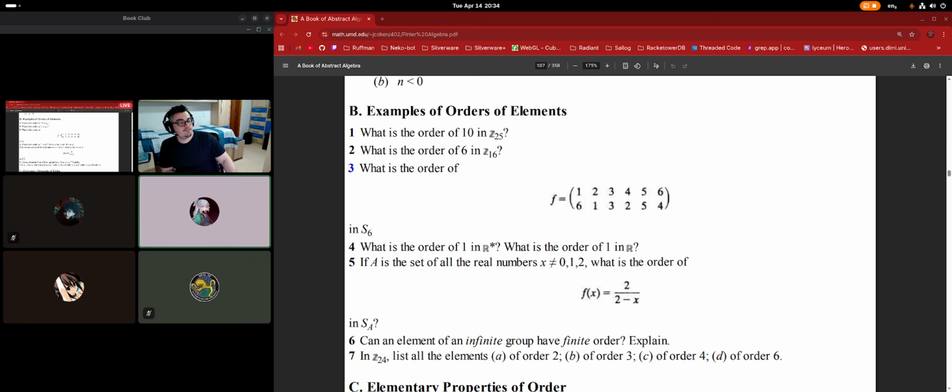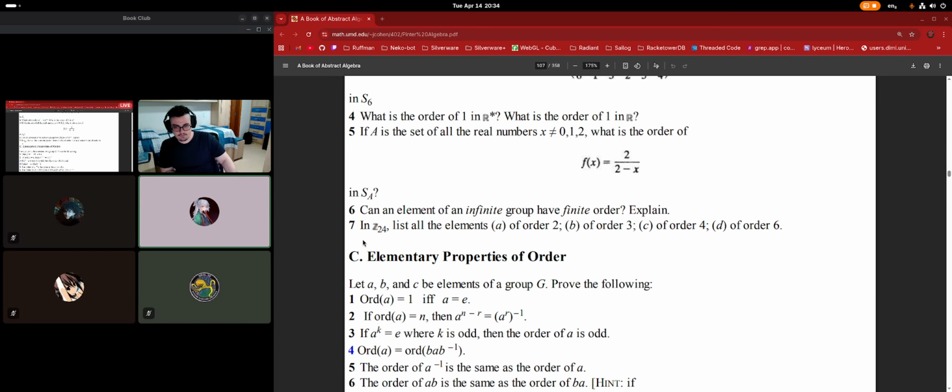Another interesting example is -1 in the multiplicative group over pick your number system, right? Integers, rationals, whatever. Which number system did you say? In a multiplicative group in whatever number system. Oh, I see.